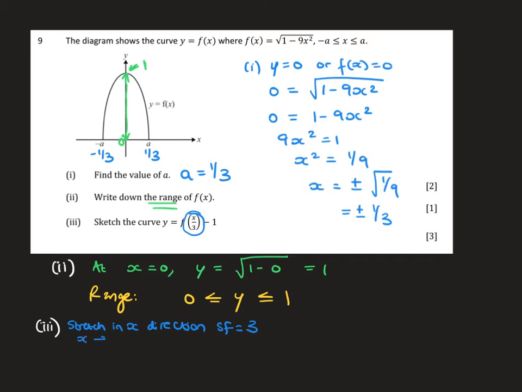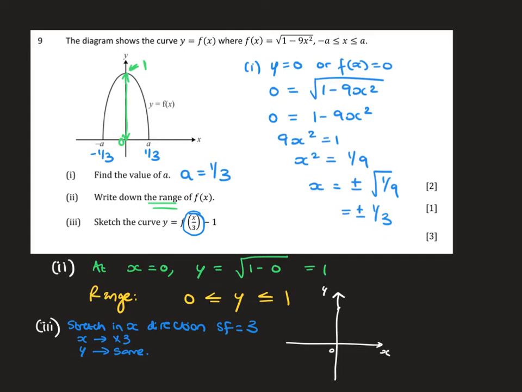So this means the x-coordinates multiply by 3 and the y-coordinates stay the same. So if I were going to sketch this as an intermediate step, it would look like this. So all of the x-coordinates would multiply by 3, the y-coordinates would stay the same.